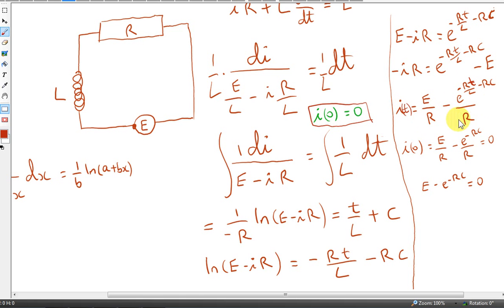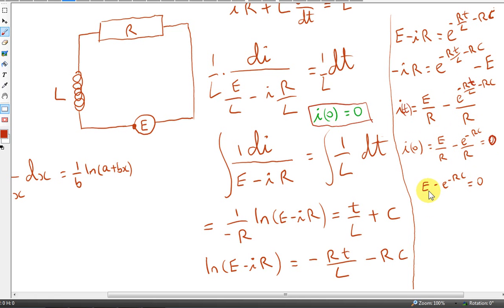This is the general solution. But we want I at 0 to equal 0. So we plug 0 in for t, so we get e to the minus Rc here over R. And solving this, we multiply across by R to get this equation.